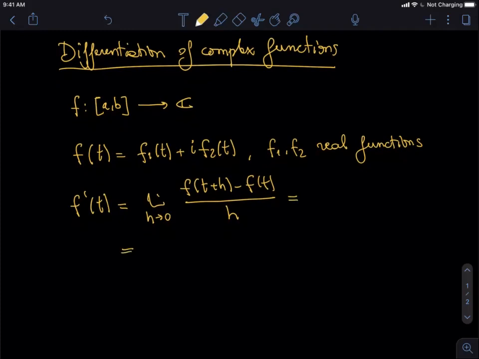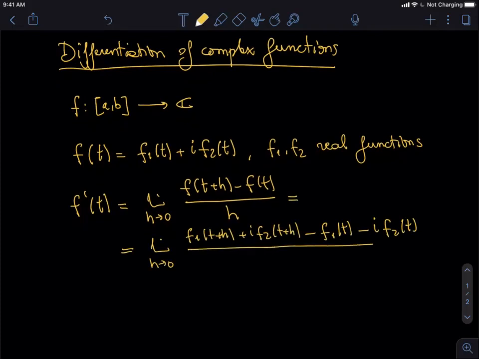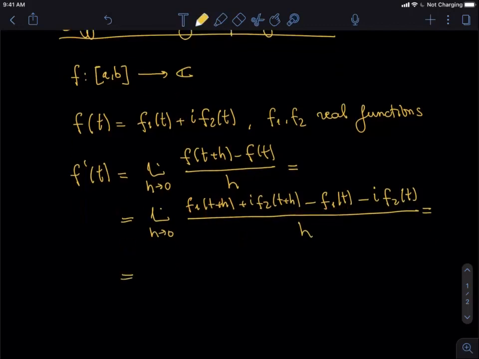And here, when we write it as a sum of the real and imaginary part, we have f1 of t plus h plus i f2 of t plus h minus f1 of t minus i f2 of t, divided by h, and then it's clear we can group terms, the f1s with the f1s, because those are the real parts, and then the imaginary parts. So let me just copy paste here.